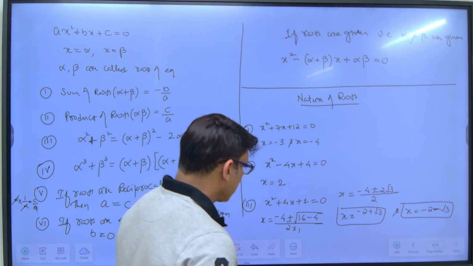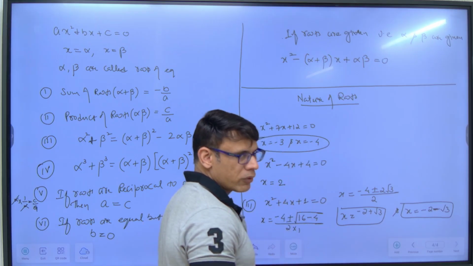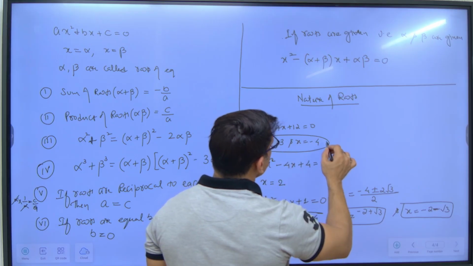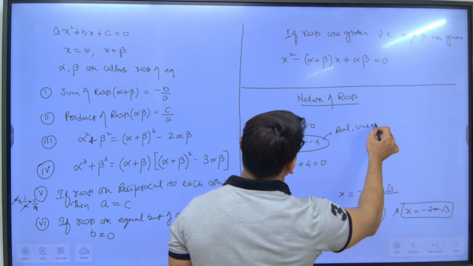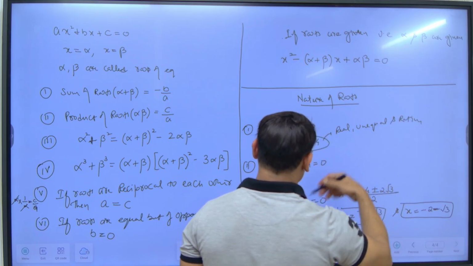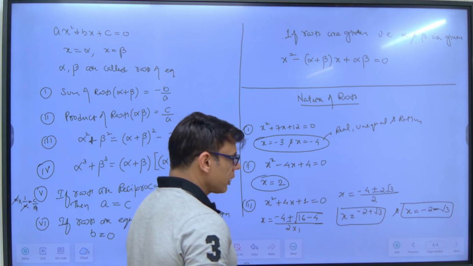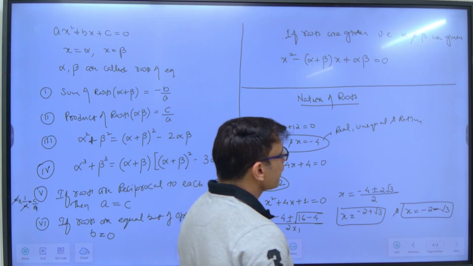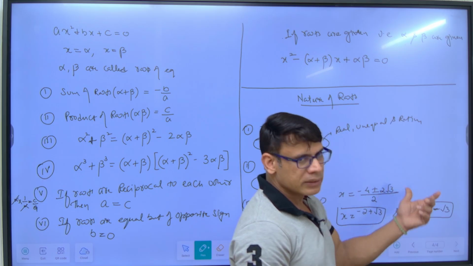So in first case, your roots are 3 and 4, what type of number? They are real and rational, right? Real, unequal and rational. Second case, roots are equal, real and equal. Third case, unequal, real, unequal but irrational.